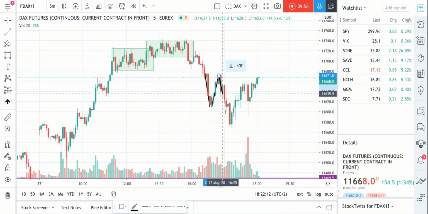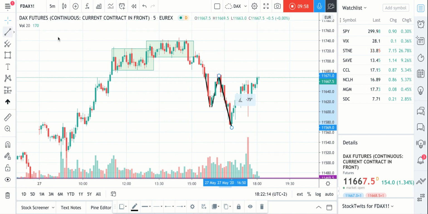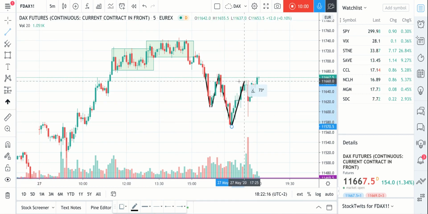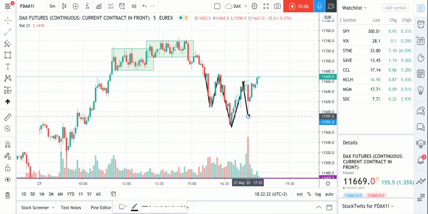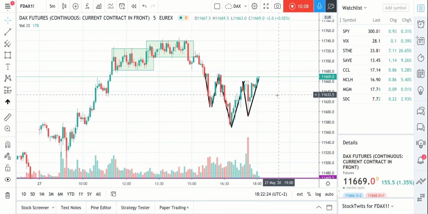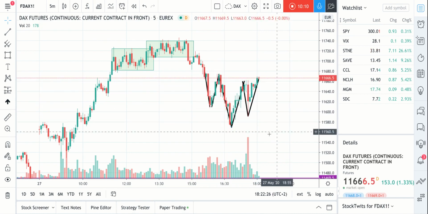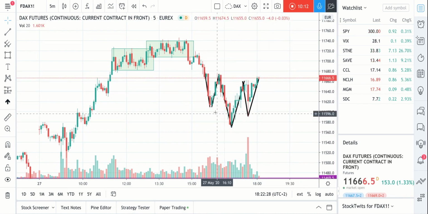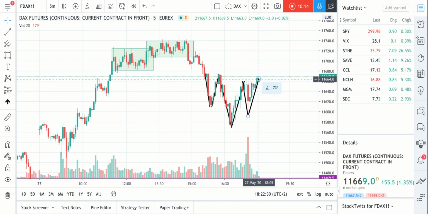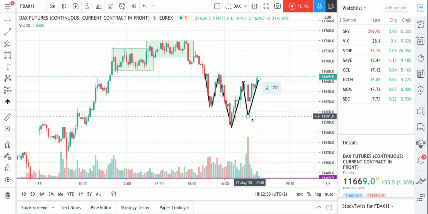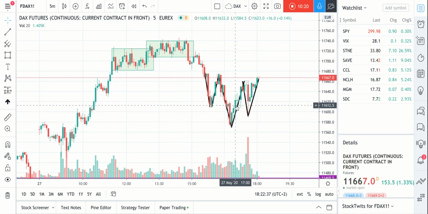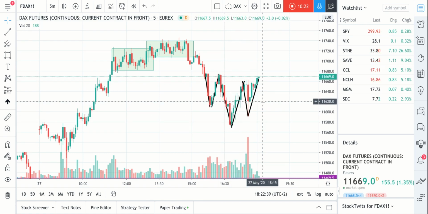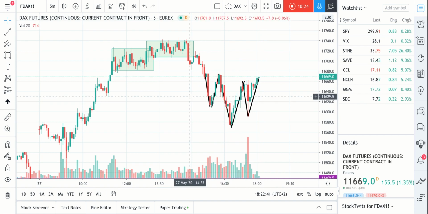There is the head. The other shoulder is not perfect, but yeah, something like this, head and shoulders. We can see the rejection of lower prices. The price is trying to go higher. So this position I re-entered here would have been nice, I think.